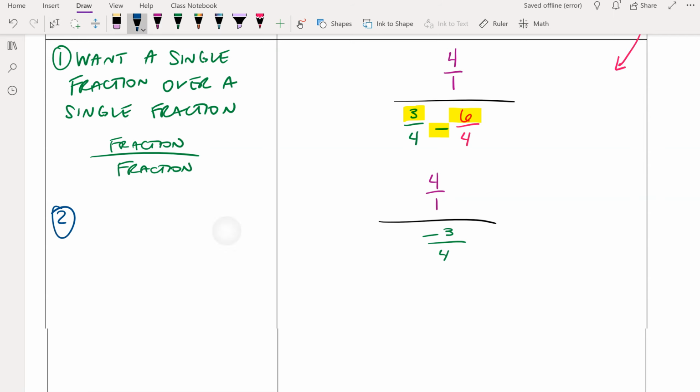So write down step 2: multiply the outer numbers, the outside numbers, and put them in the numerator. In the numerator.